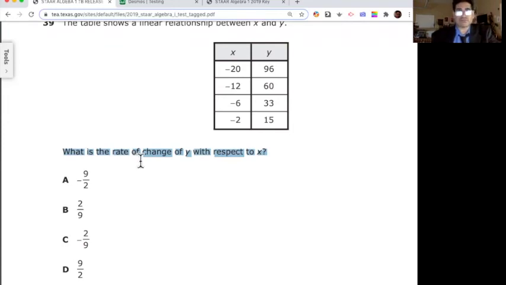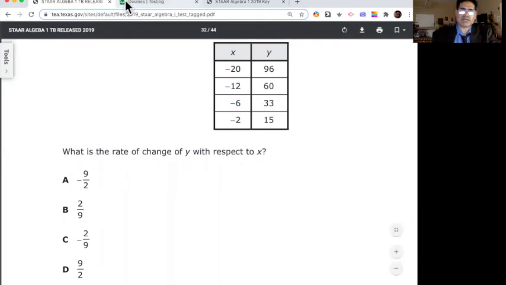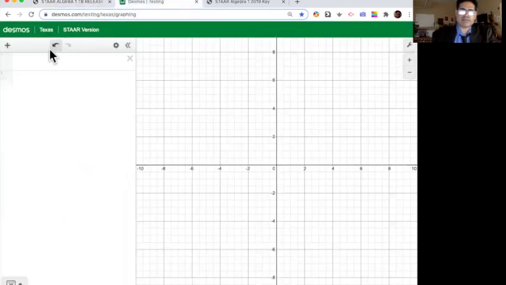Rate of change is the change in Y over the change in X, our slope formula. What is the change of Y with respect to X? Again, you may not need this, but I'm in the habit of doing it, and I want you to be in the habit of doing it.